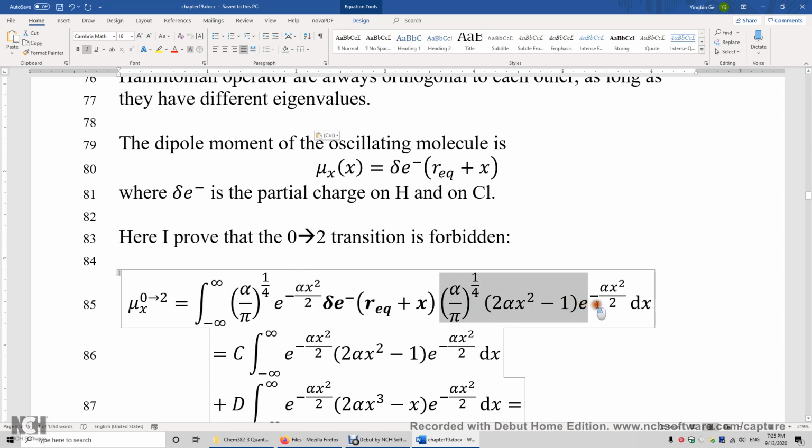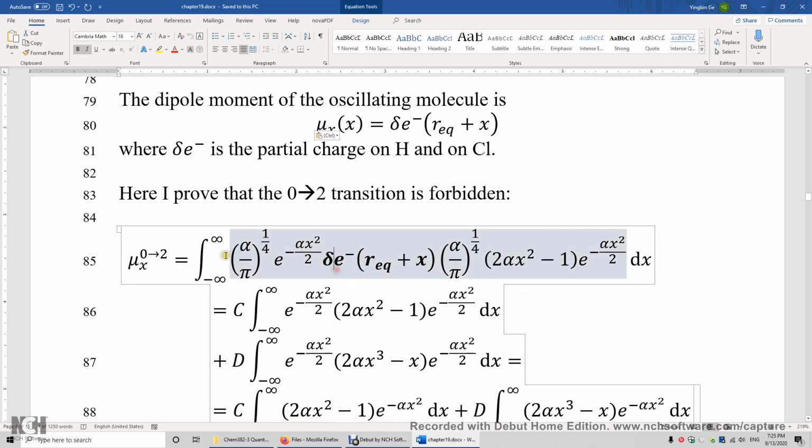This is the final wave function. In the middle, in the bold font, this is the dipole moment. So really, you just evaluate this integral. If it's 0, the transition is forbidden. If it's non-zero, that means the squared modulus of the integral is going to be positive. That means the probability is going to be positive.